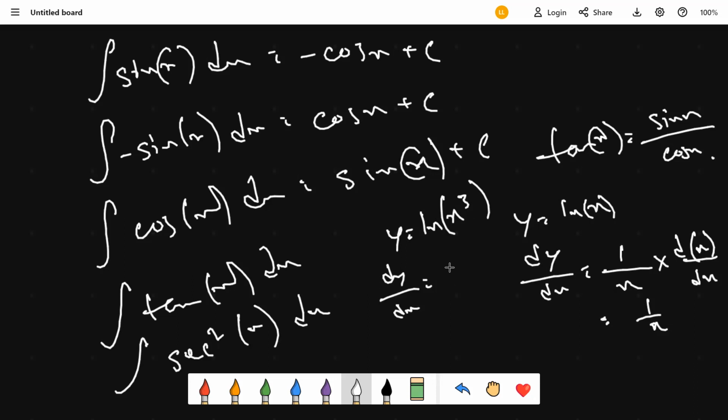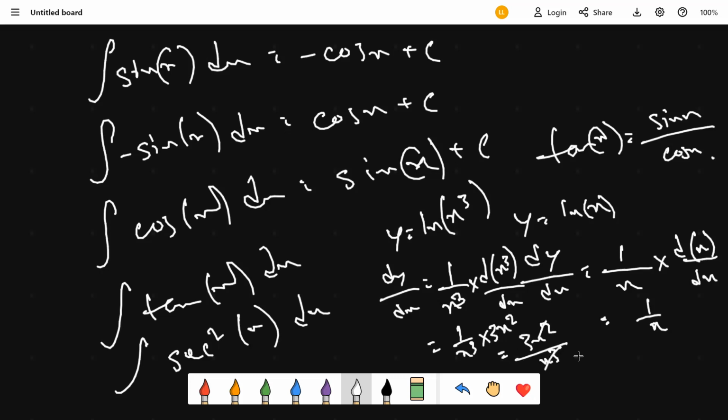Differentiating this, whatever is inside the ln, we bring towards the denominator, so 1 by x cube. Now multiply it with the differentiated value of whatever is inside the ln. So 1 by x cube times, 3 comes in front, 3x square. So 3x square by x cube gives us 3 by x. So that's our result.